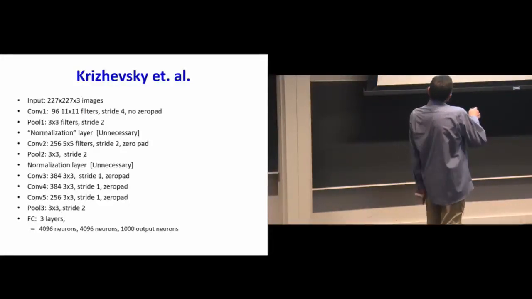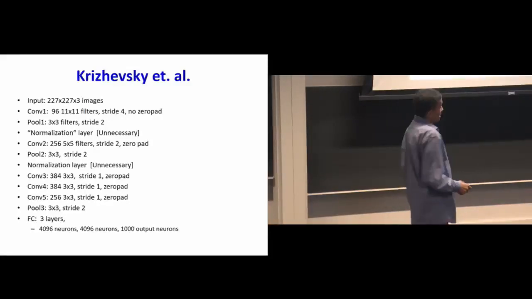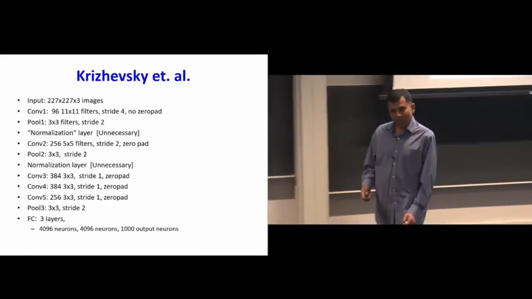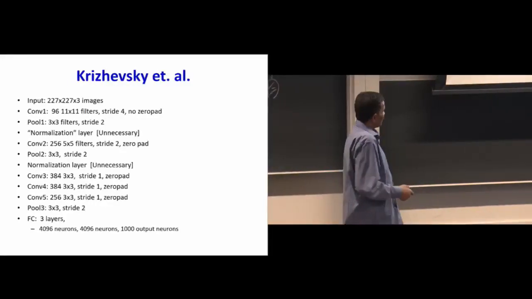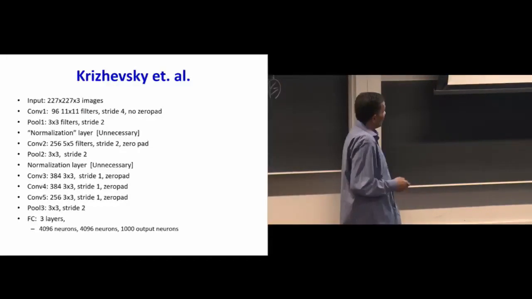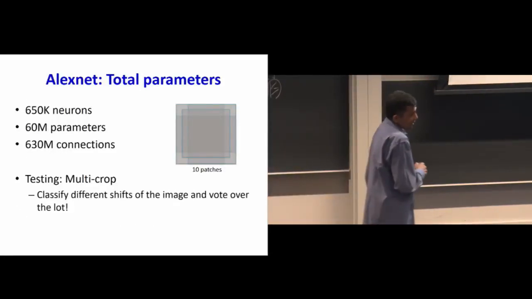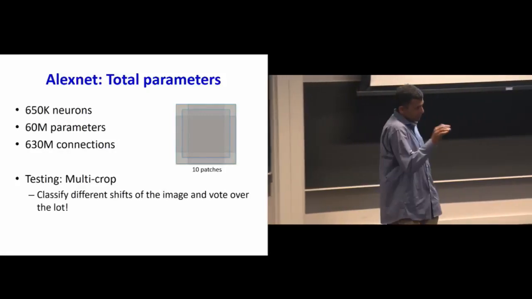Then you had 384 3 cross 3 filters. Then you had 384 more 3 cross 3 filters. And then you had 256 more 3 cross 3 filters. And then you had fully connected layers. When everything was said and done, you had 650,000 neurons, 60 million parameters, 630 million connections. Many of them are shared.